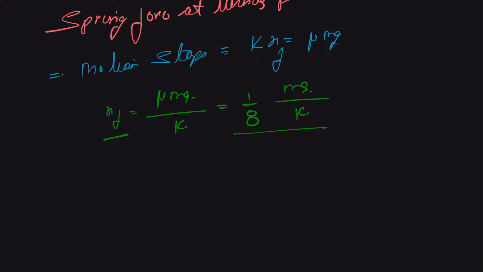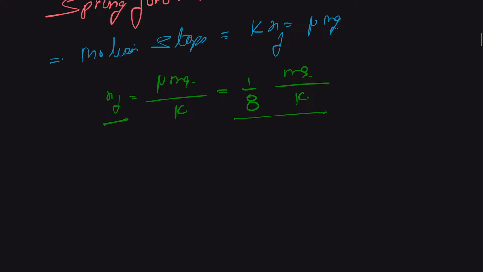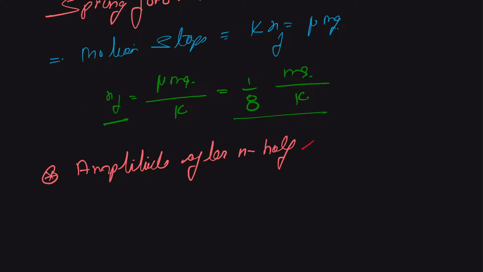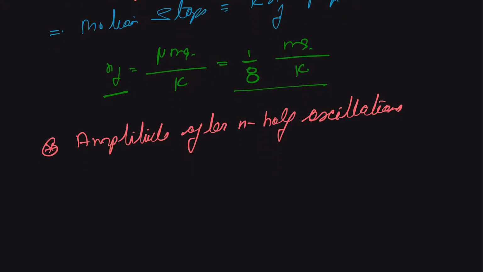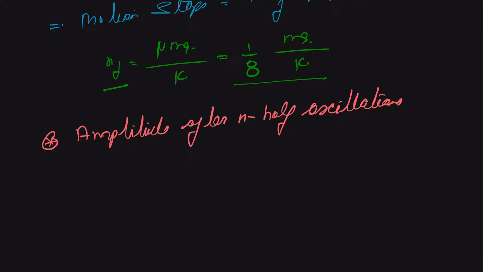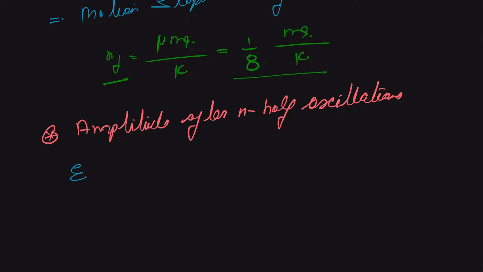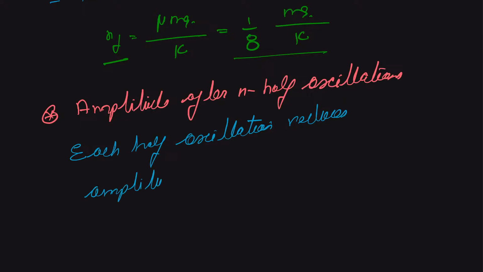Okay. Now let's calculate the amplitude after n half oscillations, and we have already derived that each half oscillation reduces the amplitude by 1 by 4 mg upon k.